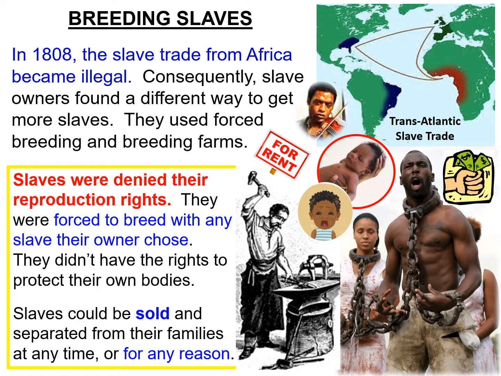So their owner could tell this woman, you're going to have a baby with that man, and then your child will be my property. Your child belongs to me. So slaves could be bought and they could be sold and separated from their families at any given time and for any given reason. And because you cannot go to Africa and get more slaves, then the owners would make the slave women have children by other men.